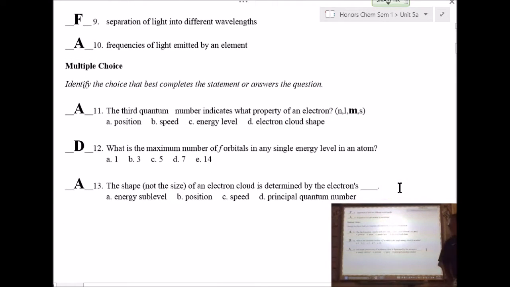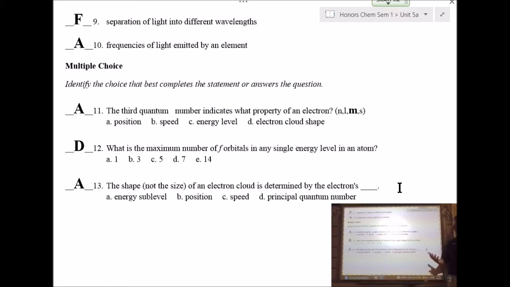Looking at 11 through 13 here, the third quantum number indicates what property of an electron, but more importantly, let's talk about each one. What does the first one, n, represent? What does n represent? The size or energy level. Good.